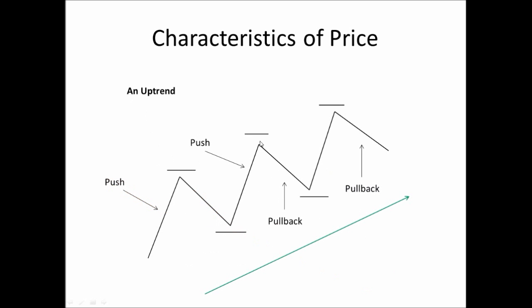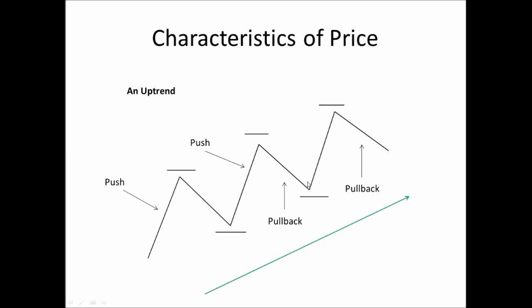This stepping motion or pyramid formation is created by price moving up and down. When price moves up, we refer to this as a push. When price moves down, we refer to this as the pullback. So an uptrend is a series of pushes and pullbacks.